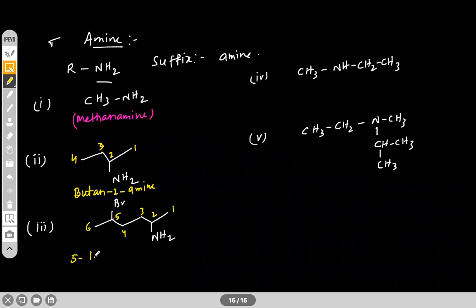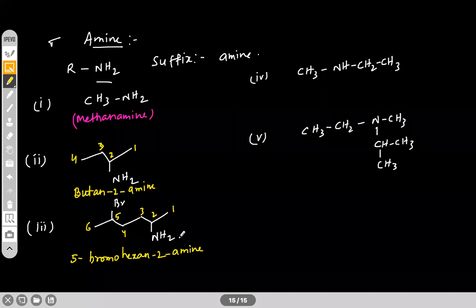So 5 bromo hexane 2 amine. Now for this one it is 1 and 2. N-methyl, because N and CH3 is attached. N-methyl ethanamine.